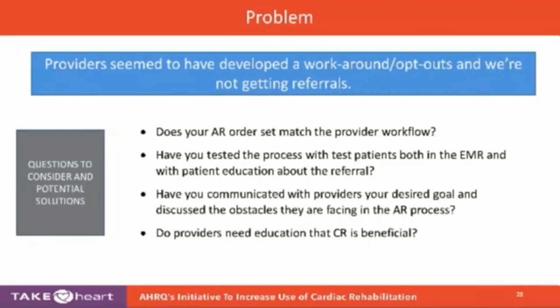I think what she's getting to is that if they don't have the correct diagnosis, then the patient doesn't necessarily meet the eligibility criteria, and so they may not get automatically referred, or there may be problems down the road with approving their care with their insurer. So thoughts or advice for people that are encountering this challenge?